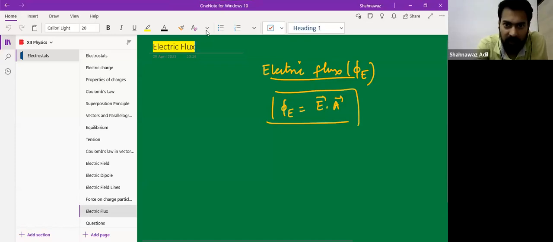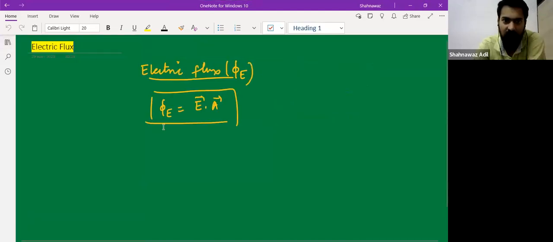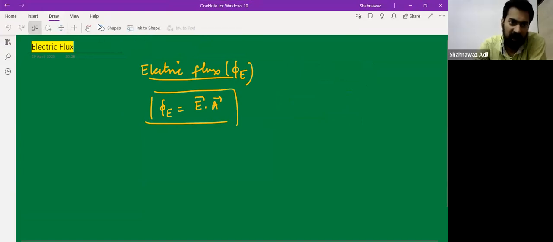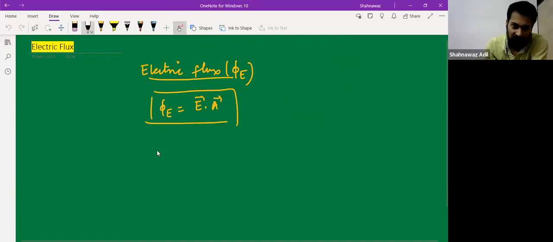Yes. So now we will be doing the electric flux. So let's say, what is electric flux? Let's say you have this area, let's say this area is S, right?